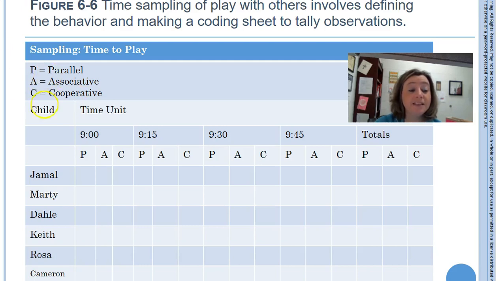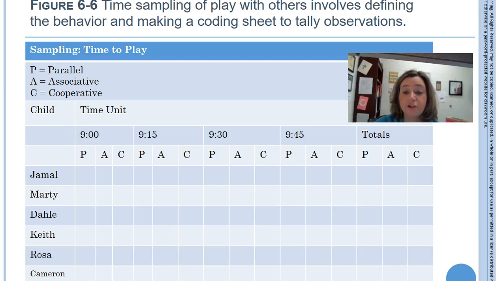But these different types of play are going to be parallel, where you're just sitting next to somebody, but you're not really playing together. Associative is that you are kind of playing together, but it's not for a common goal. But then cooperative is we're actually playing together.